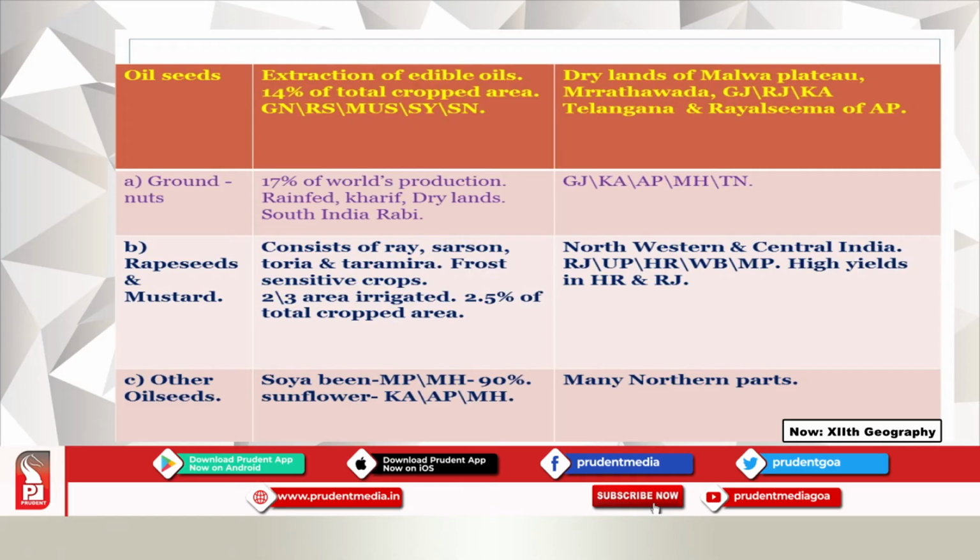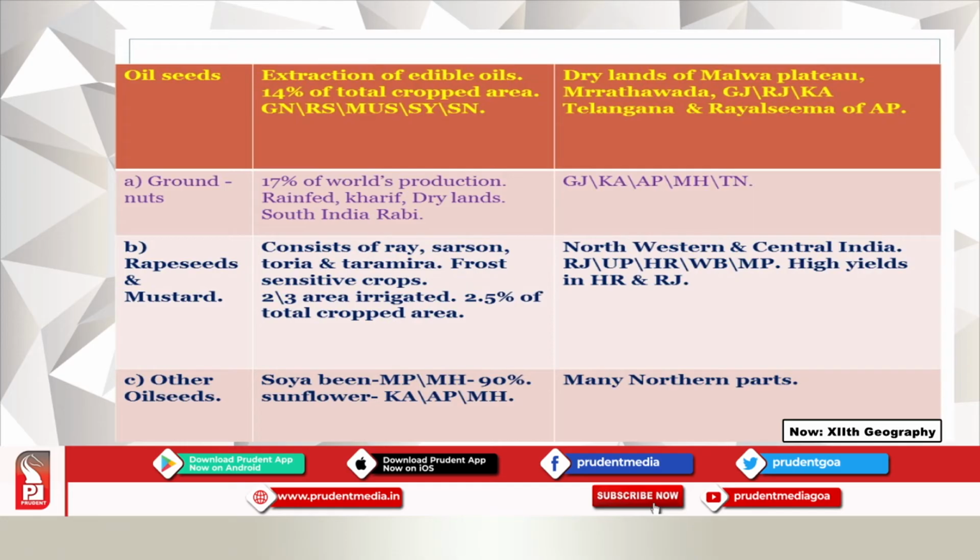The frost will damage this crop. 2/3 area of this crop and 2.5% of total crop area in India is under these oil seeds. 2/3 area is under irrigation.